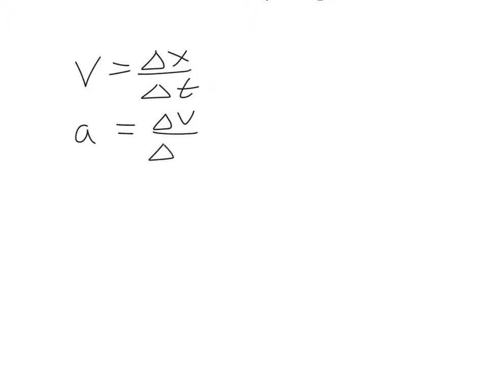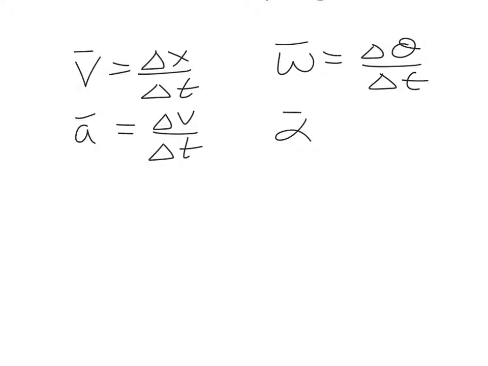We will have constant velocity, delta x over delta t, constant acceleration, delta v over delta t, or average or constant. In the angular quantity version, you have omega equal to delta theta over delta t, and you have alpha equal to delta omega over delta t.